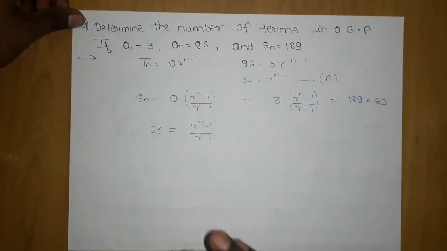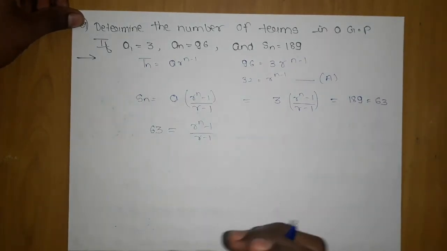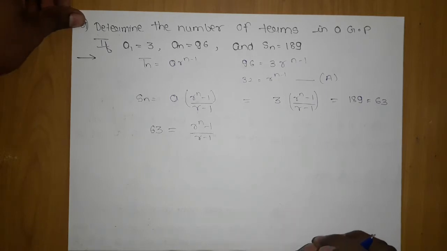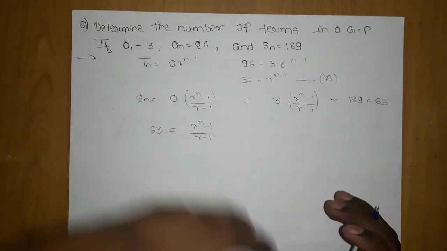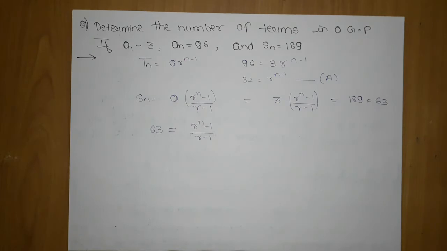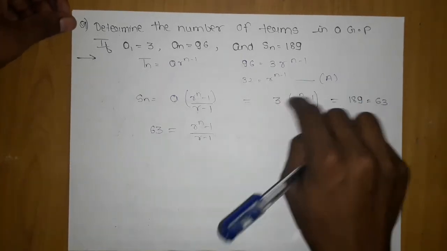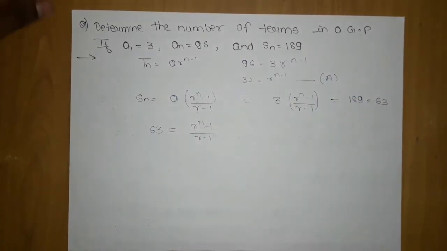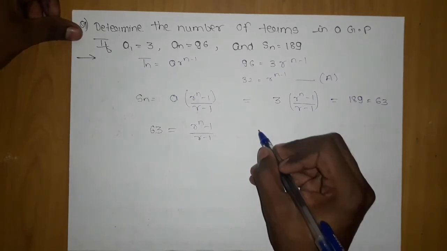Now please observe this step because it is the crucial step. Many children are not able to click this step. This is a very great problem, and it will teach you a lot. How to use this r power n minus 1, that is the crucial part. How can you use it?